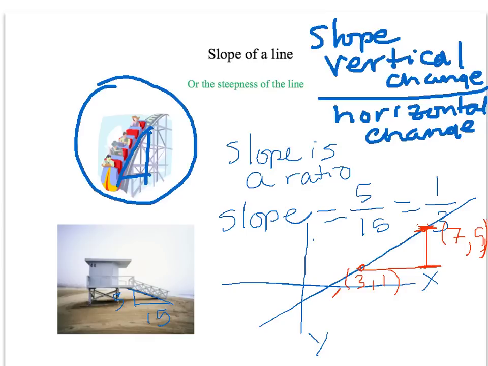So it's gone from 5 to 1, so my vertical change actually is 4. In my horizontal change, right here I have x equals 7, and down here I have x equals 3, so 7 minus 3 is 4. So the slope of this line is 4 over 4, which is also equal to 1.